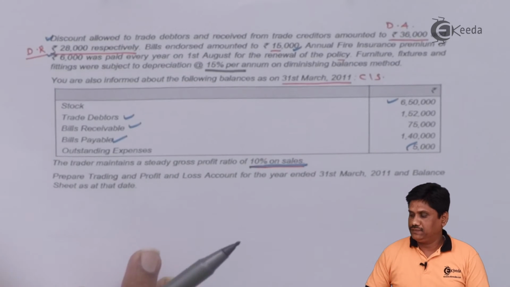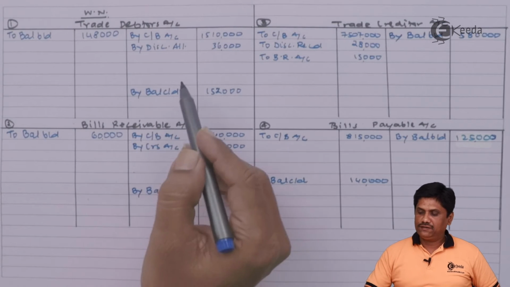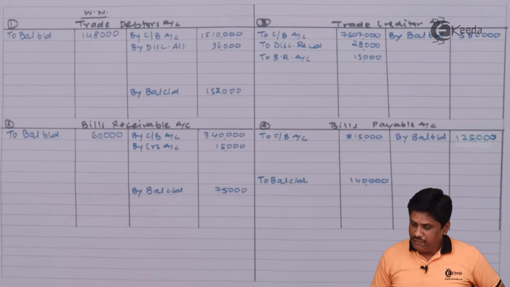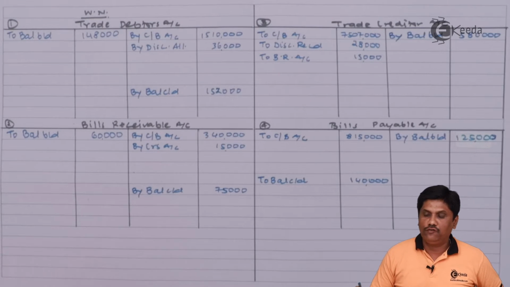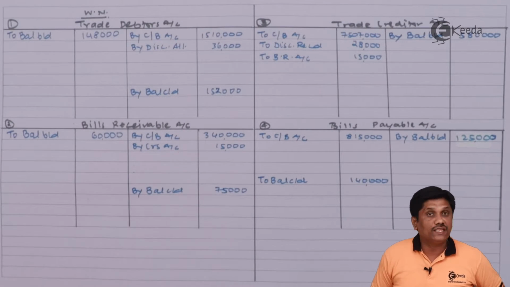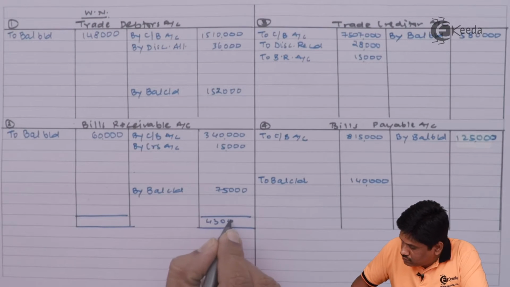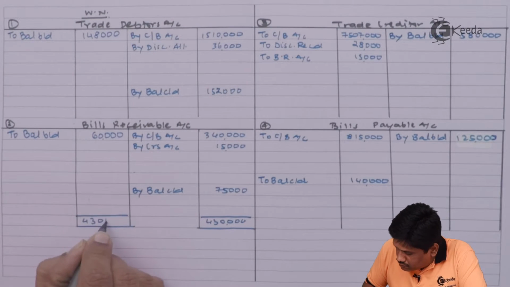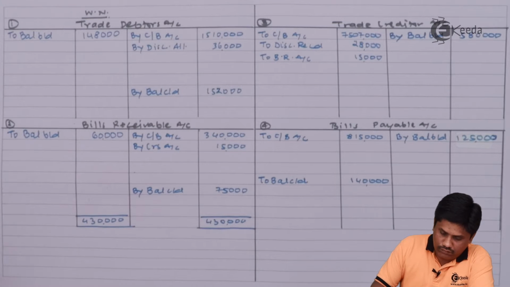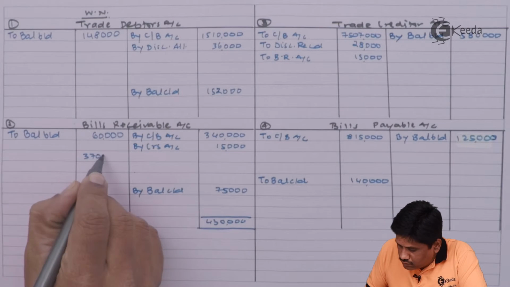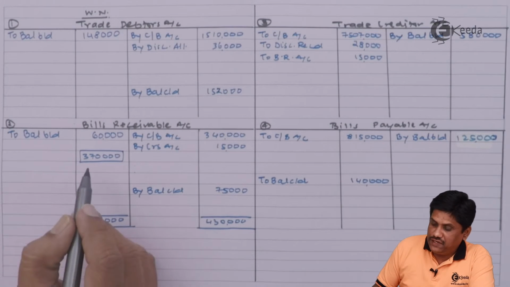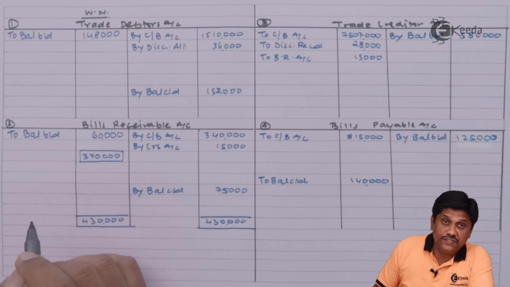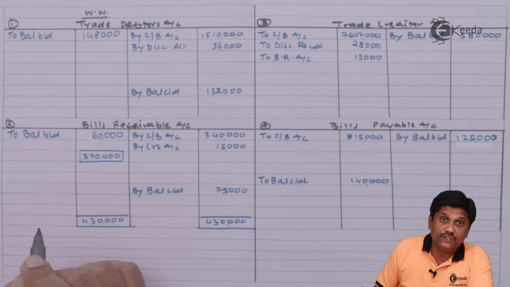If I look at this account, trade debtors and bills receivable, if you remember my lectures, I always mentioned to close your bills receivable account first because it is an extension of your debtors account. Let us see if there is any transfer entry. Bills receivable is always debited when we receive the acceptance, and we receive the acceptance only from debtors.